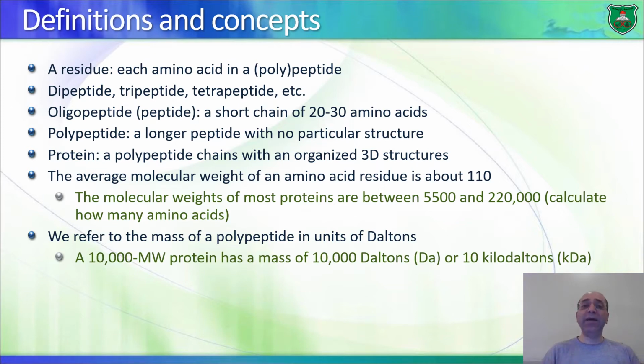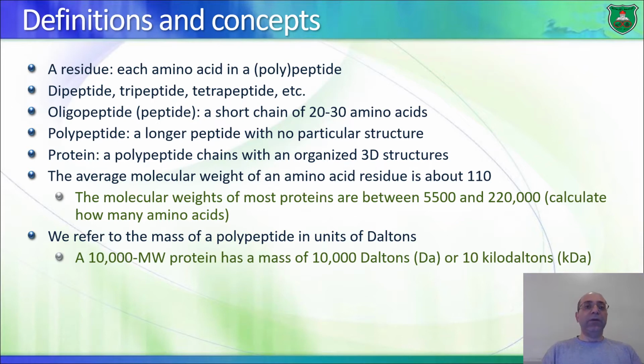If I say dipeptide, it means two amino acids that are linked to each other. If I say tripeptide, I'm talking about three amino acids, and so on. Now, if I say oligopeptide, it's basically a short chain of 20 to 30 amino acids. The number is really not definite, so it can be 10 amino acids, 11 amino acids, and that's an oligopeptide.